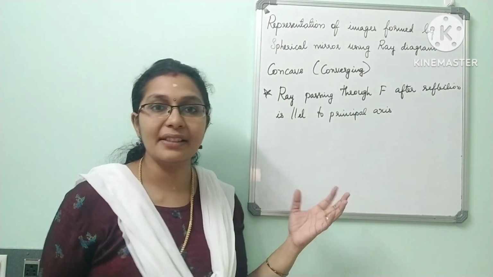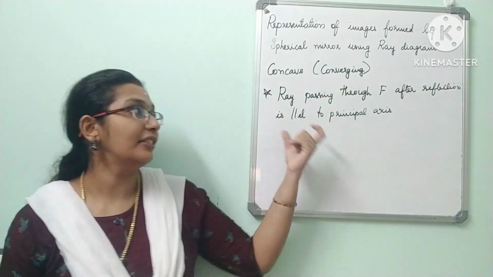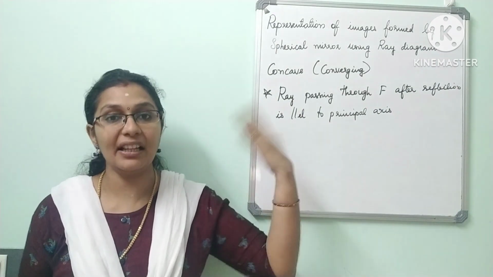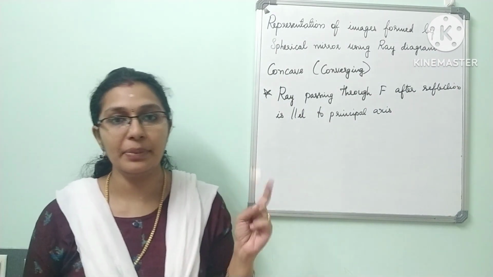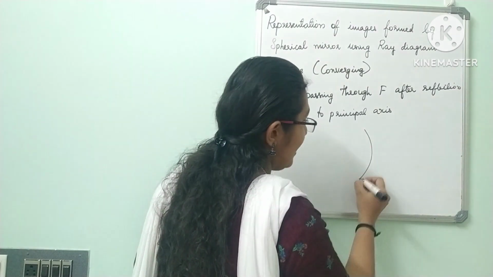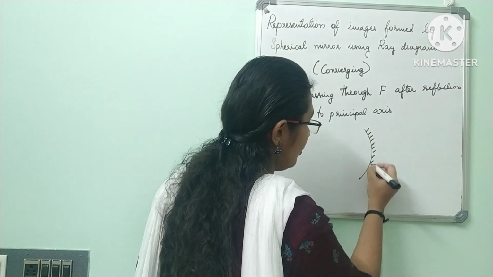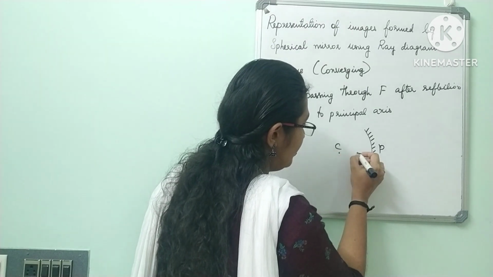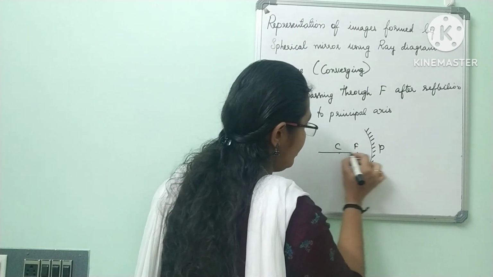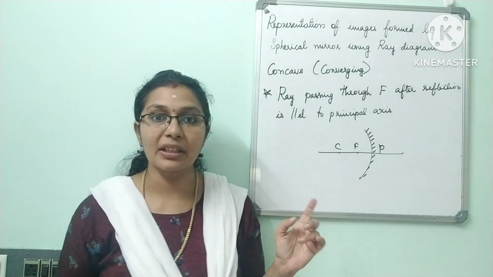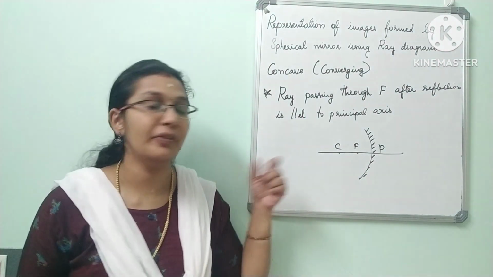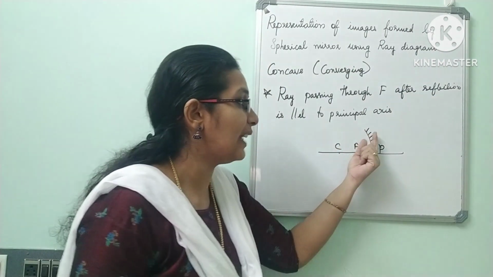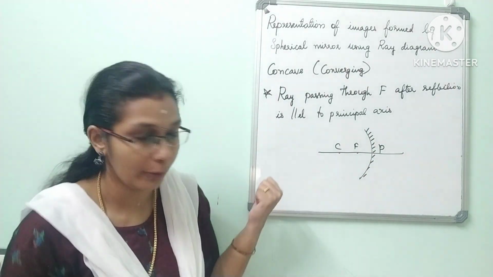So if you just see the previous rule and this rule, it is just the vice versa of the previous rule. So in the previous rule, what did we learn? We have a mirror. First we'll draw: mirror, pole, then center of curvature, and in between them we have the focus. And the principal axis. Right? In the previous rule we saw, a ray parallel to the principal axis after reflection passes through the focus.